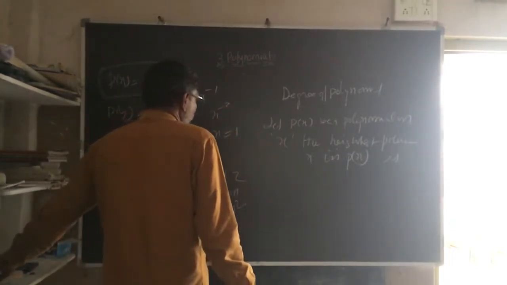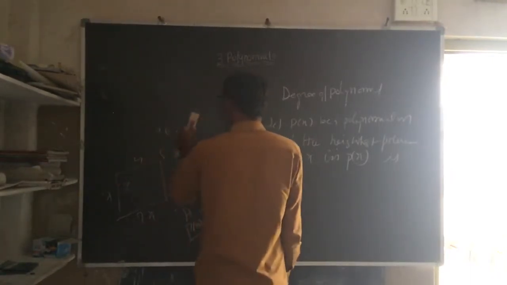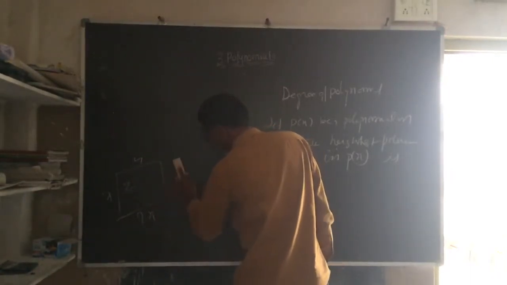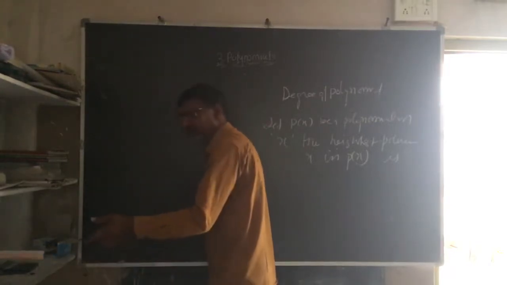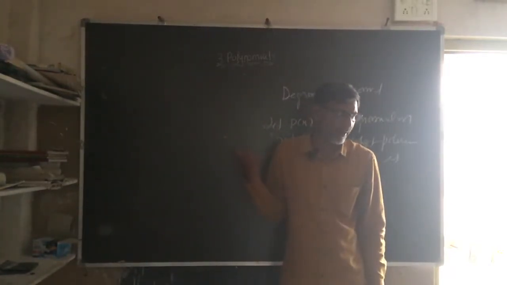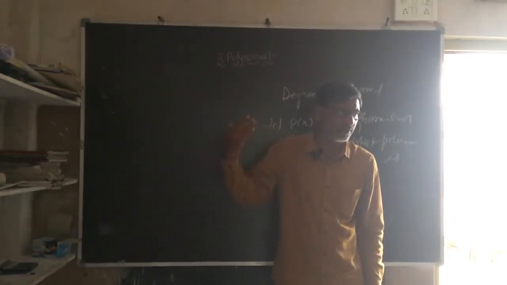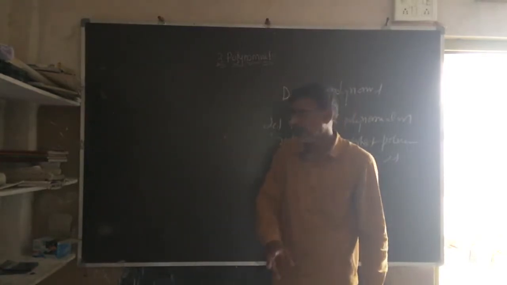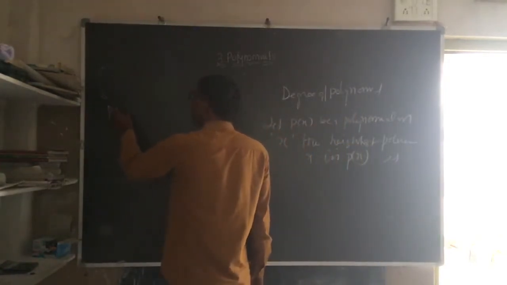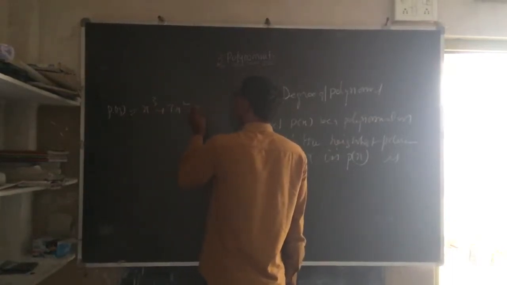Try to answer what is the degree of the polynomial. I told you about polynomial values P of x previously: x is equal to 1 we get something, x is equal to 2 we get some values. Those are called polynomial values. Anyhow, I will tell you P of x is equal to x cube plus 3x square plus 1.